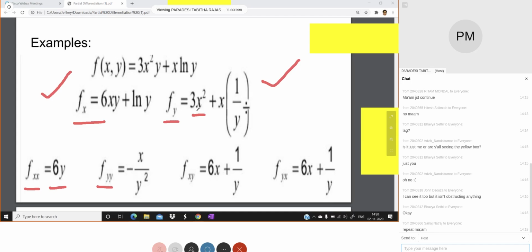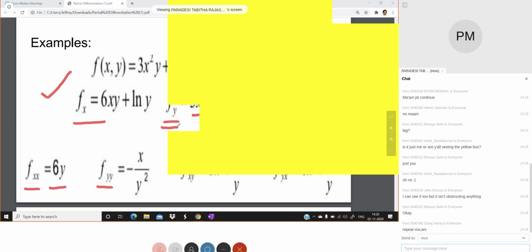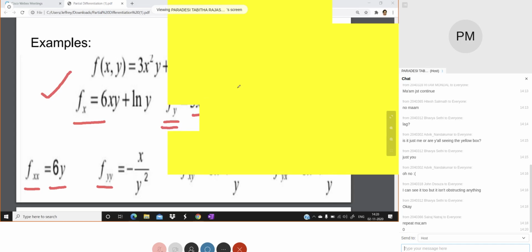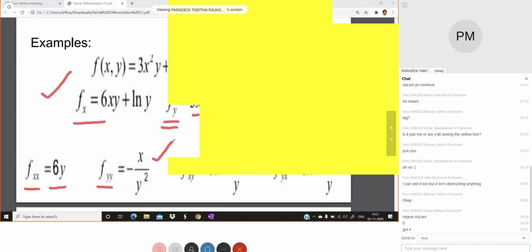Differentiating fy with respect to y, 3x square with respect to y is 0. And derivative of x into 1 by y with respect to y: x is a constant and 1 by y, if you differentiate, you get minus 1 by y square. So is fyy correct? Sairaj, is it correct? Yeah. Okay, so fxx and fyy are done.